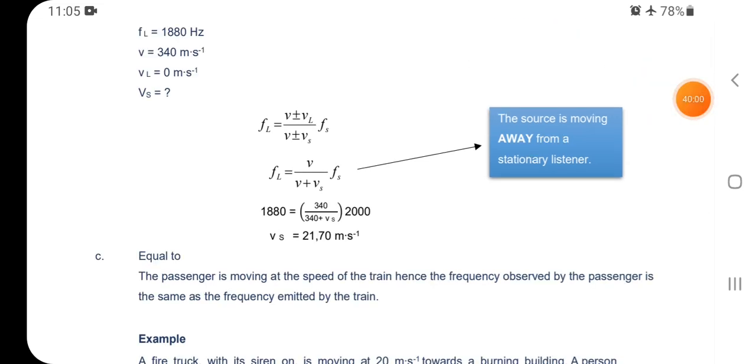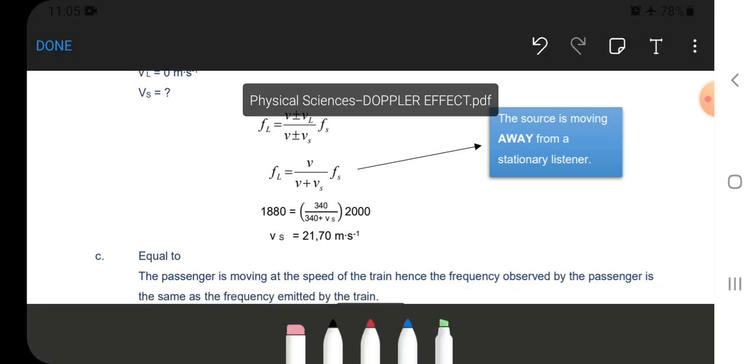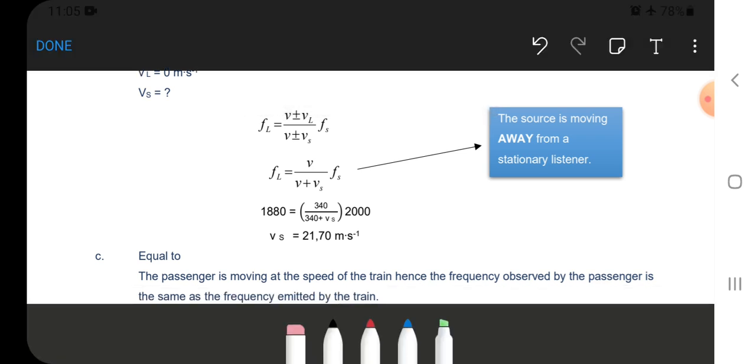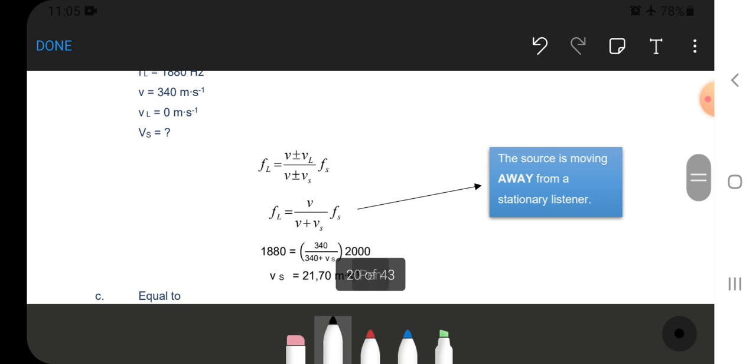So I know that it might be a problem for some of you to do this one, so I decided that I should show you how to do it. So for this calculation, we're going to use this formula, right?